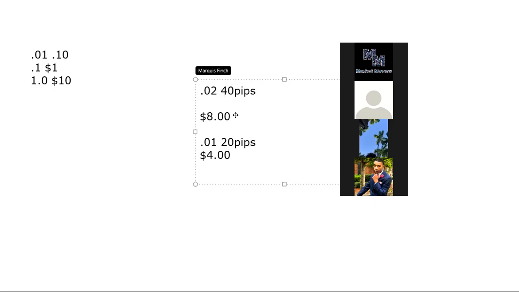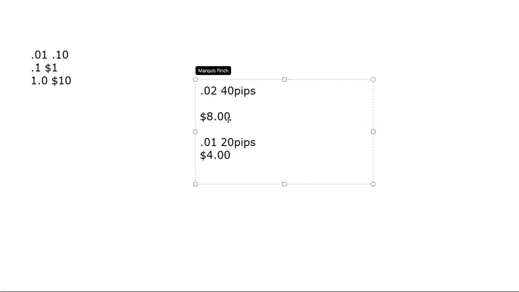Half of my position is 0.01, which is half of 40, 20 pips. So you would end up adding $4 to your account balance, but you will still be in the trade for 0.01.